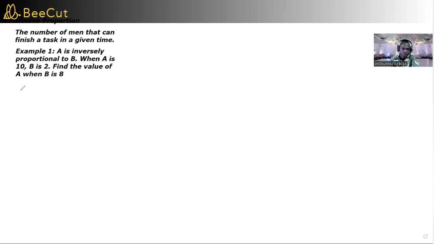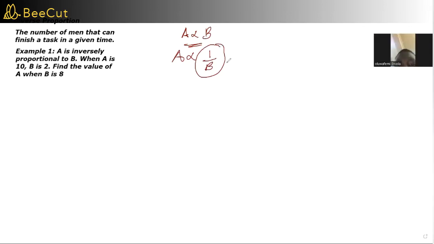Under direct, we say A varies directly as B. But under inverse, A varies inversely as B. So the meaning of inverse is 1 over something. For example, 1 over F is the inverse of F, and 1 over Z is the inverse of Z.